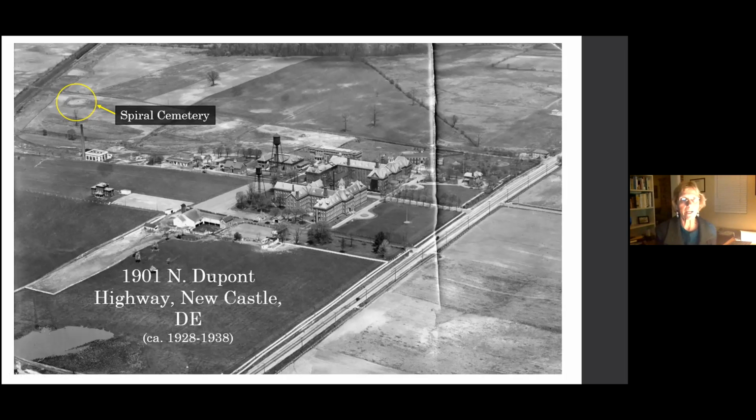And when I located the Planting Hope garden right across from this spiral cemetery, some people said to me, well, that's pretty creepy, to have a cemetery right next to a garden. And I actually see it differently.